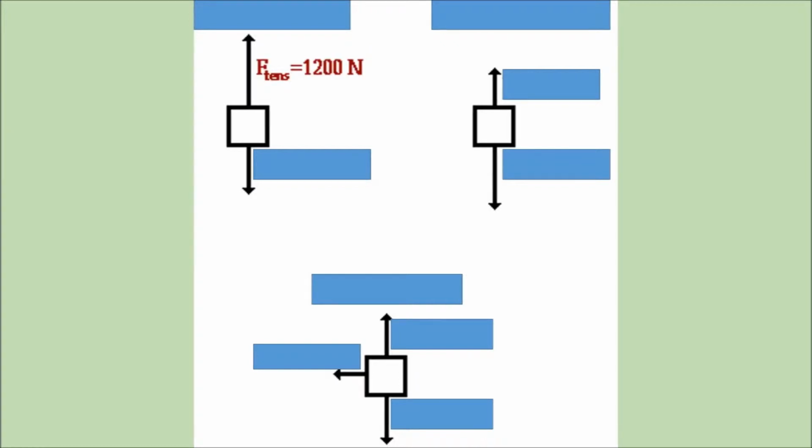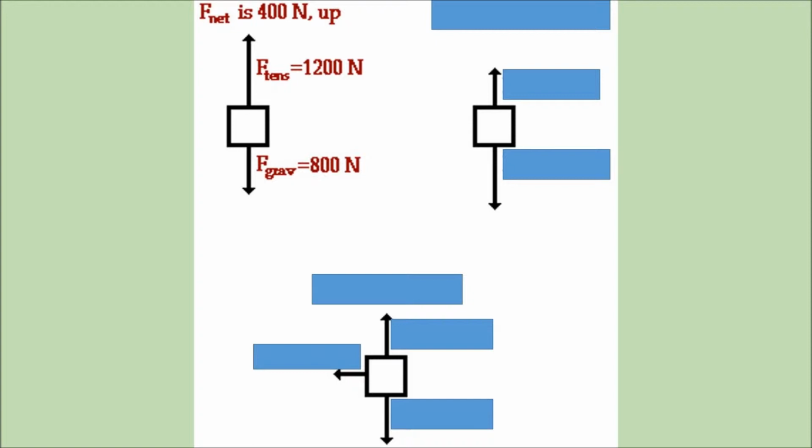This is vector addition. The first one is going to be 1200 newtons north or up, and 800 newtons down, and then the resultant vector will be the addition of these two vectors. So it'll be 400 up.